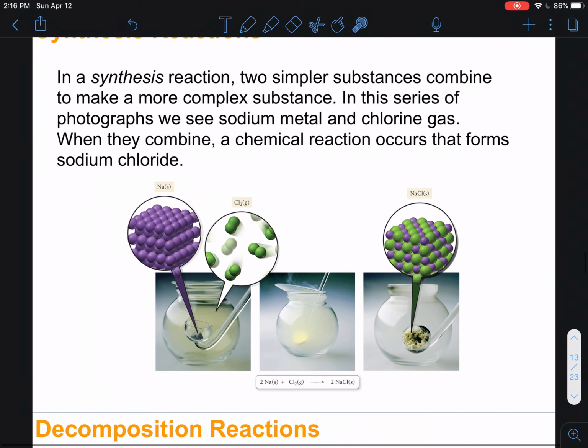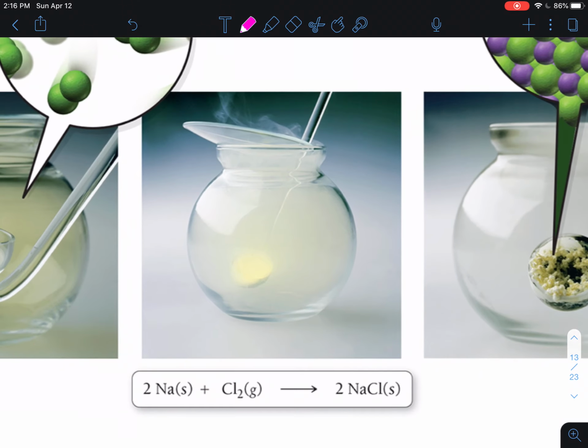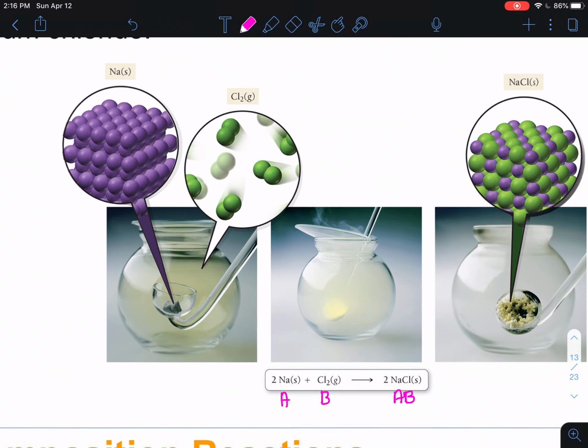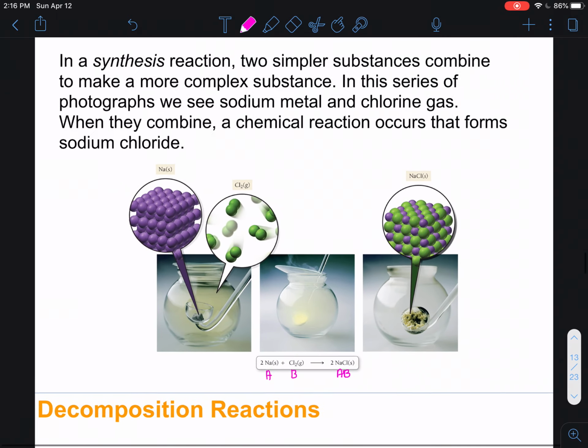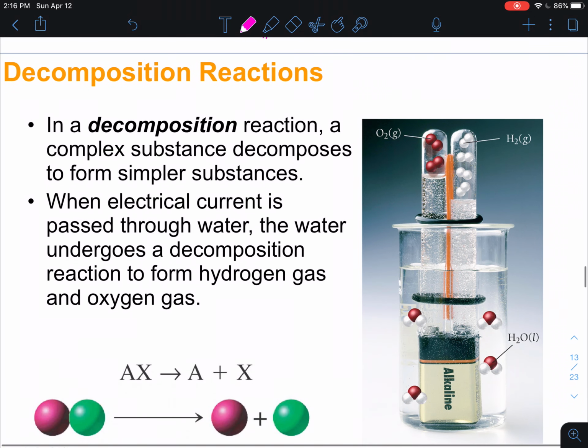This is a perfect example of a synthesis reaction where you have A, and then you have B, and then you have AB. Very straightforward.